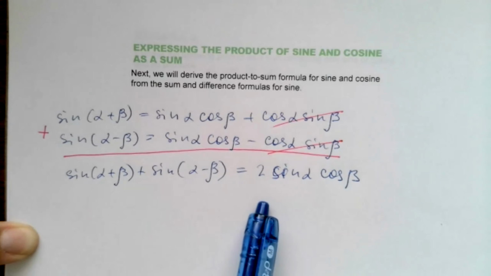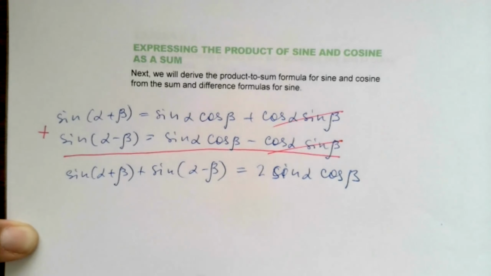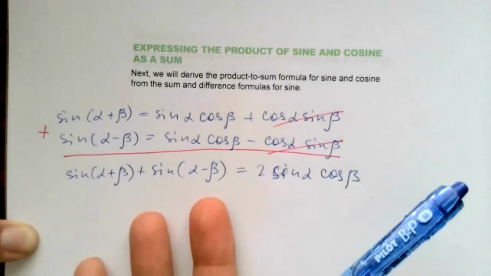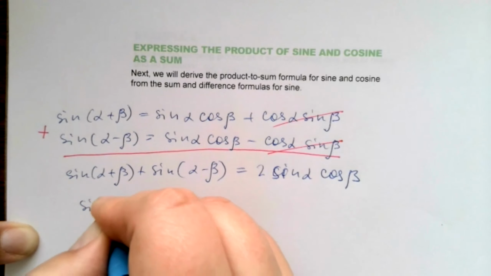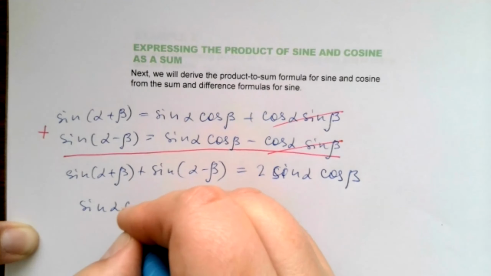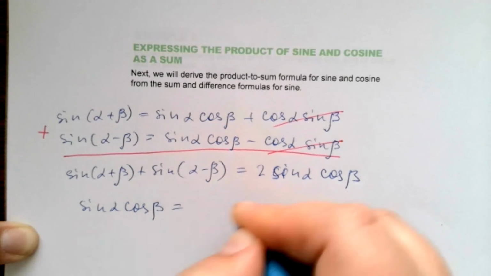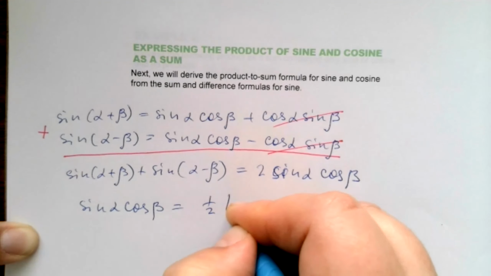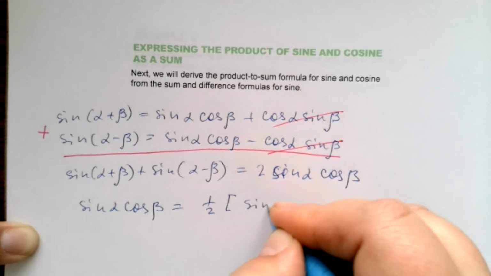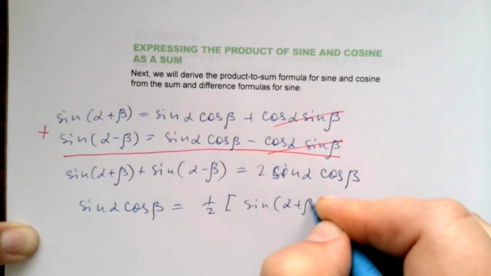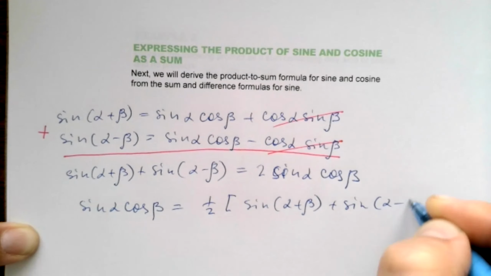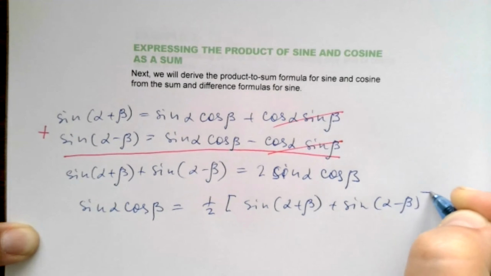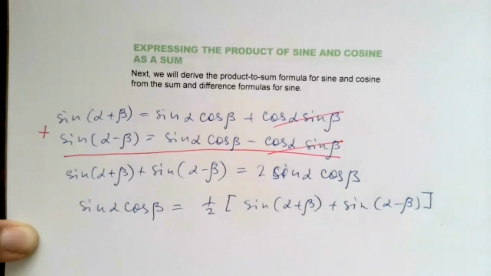So again, dividing both sides by 2 and switching the sides, I'm going to have sine alpha cosine beta equals 1/2 of sine of alpha plus beta plus sine of alpha minus beta. So that's how this formula is derived.